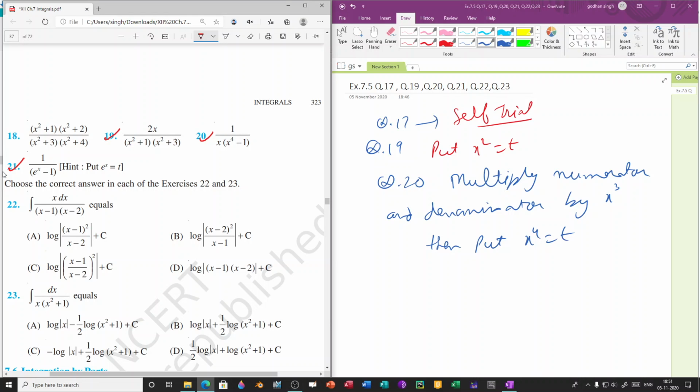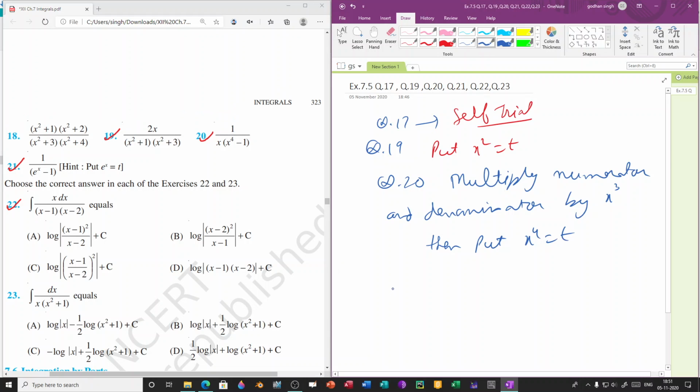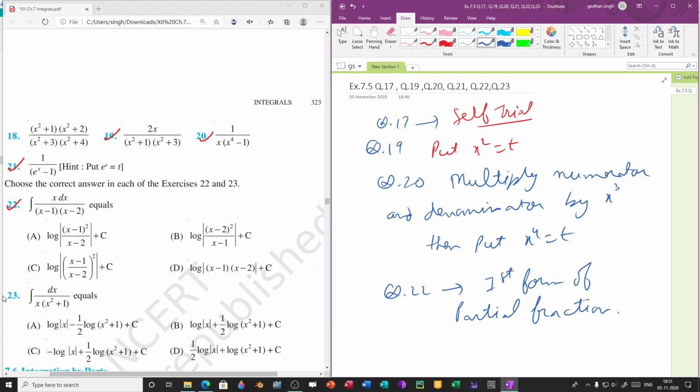And then question number 22, again, that is the first form of partial fractions. If you see the table 7.2, you will come to know that it is the first form. And question number 23 is type 5.